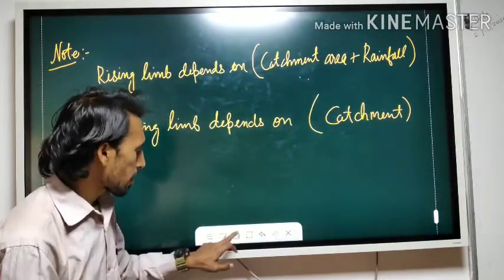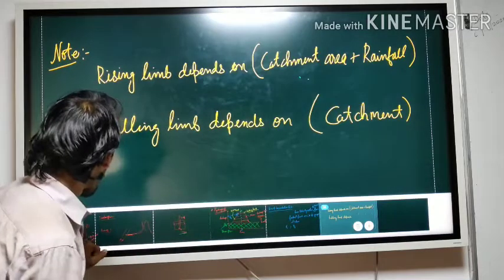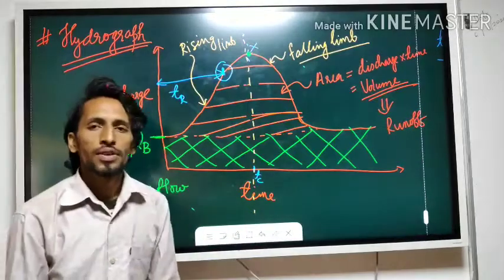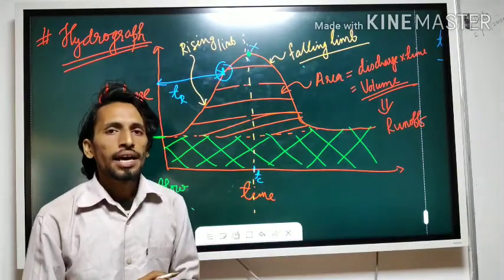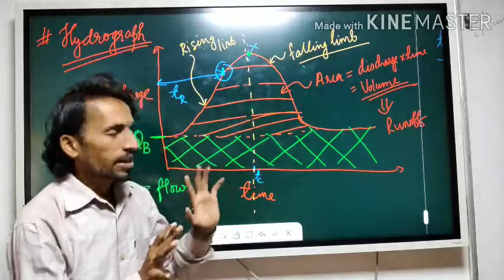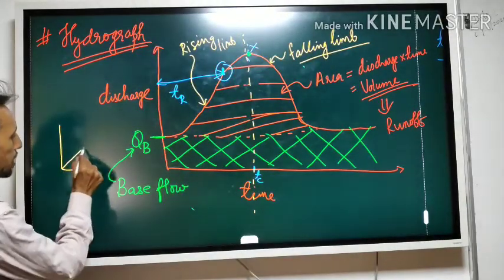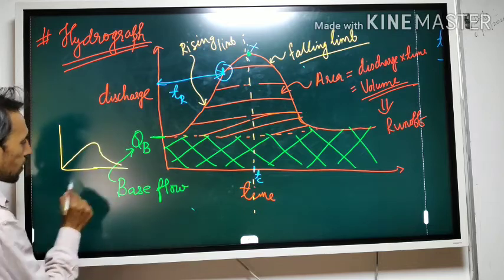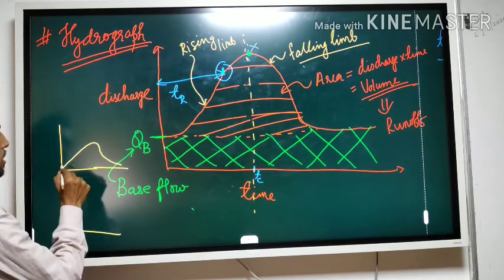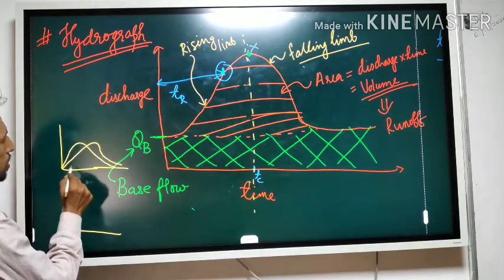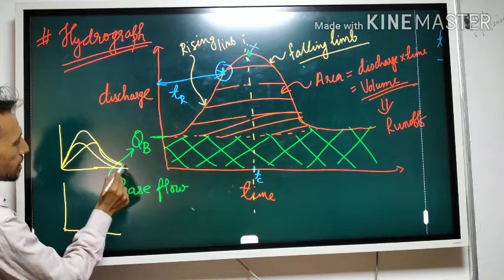Also, the hydrograph that we have drawn here may follow some shapes. Just as an example, it may be like this, then let's say it is like this, or it may be like this.